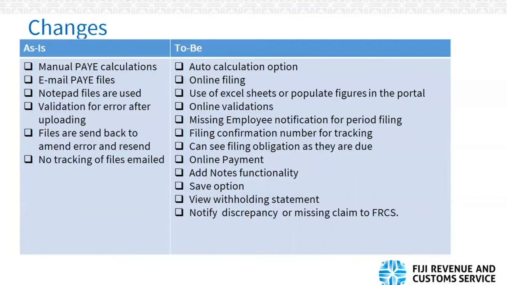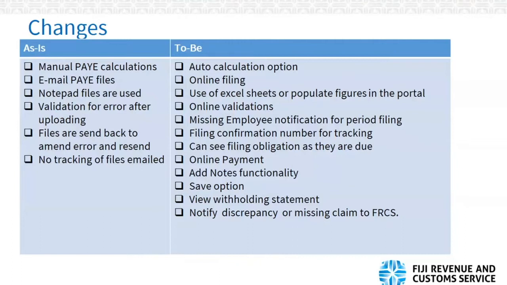So in the to-be, we are giving an option of either uploading an Excel file or a CSV file. So the employers can upload an Excel or a CSV file. A CSV file is the same as Excel. It is just that some of the information in the CSV cannot be edited. It's basically the same thing as an Excel file.